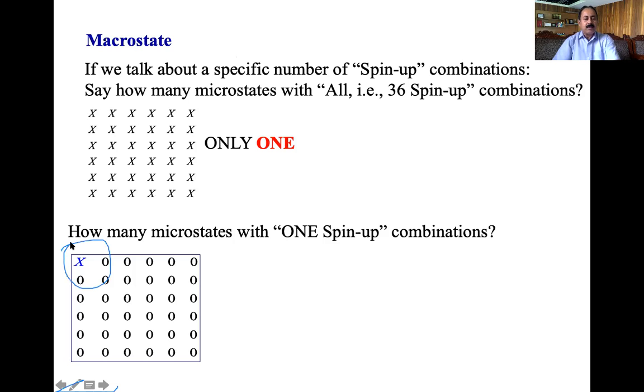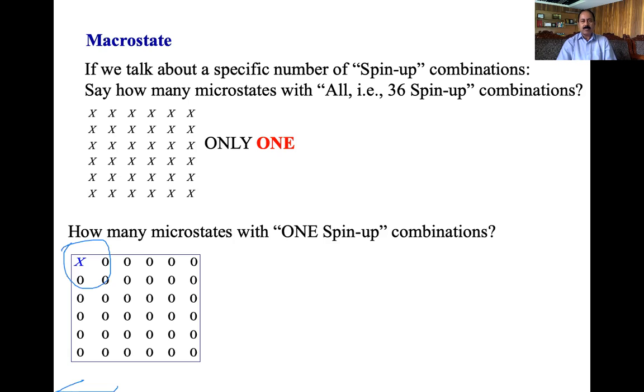This is the one spin which can be put with spin up direction. So this is one arrangement, meaning only the top left corner cell has spin up, and the others are all spin down. Because the question is, you find the microstates with only one spin up. So this is one combination with all 36 cells.